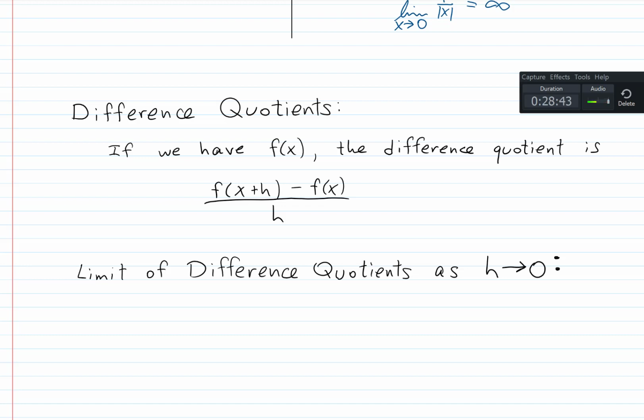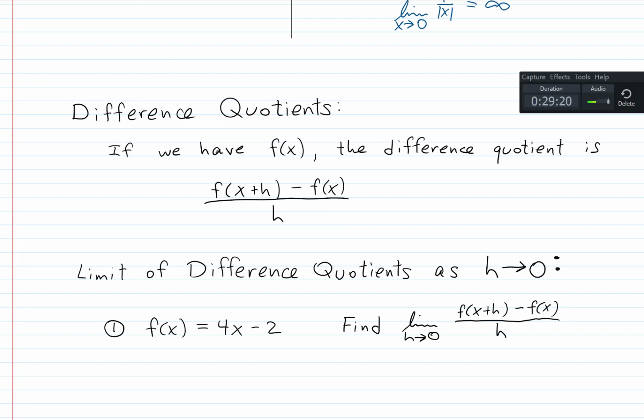So let's look at the simple linear function f of x equals 4x minus 2. Okay, f of x equals 4x minus 2. All right, I want you to find, well, I'm going to do it with you, find the limit of f of x plus h minus f of x over h as h approaches 0.